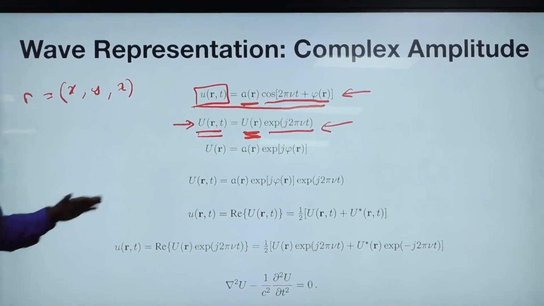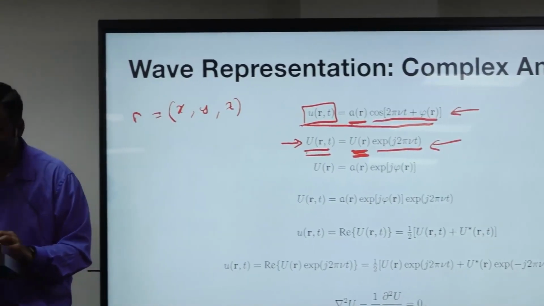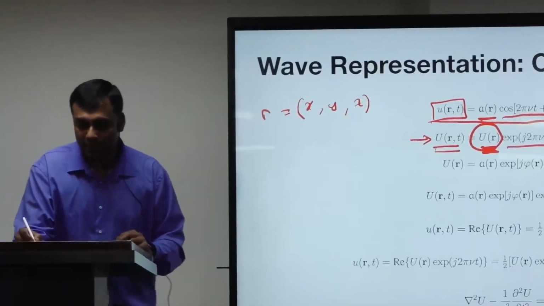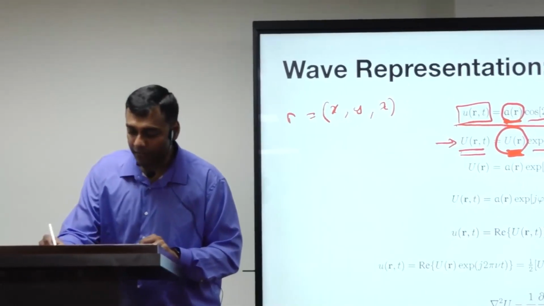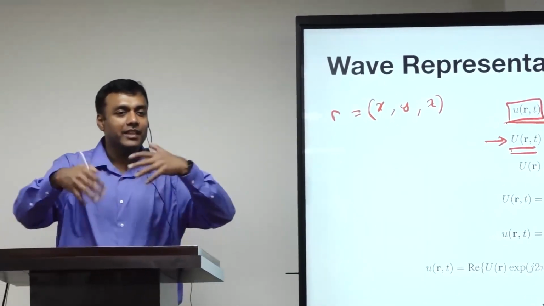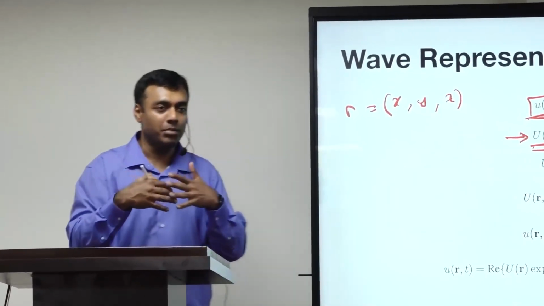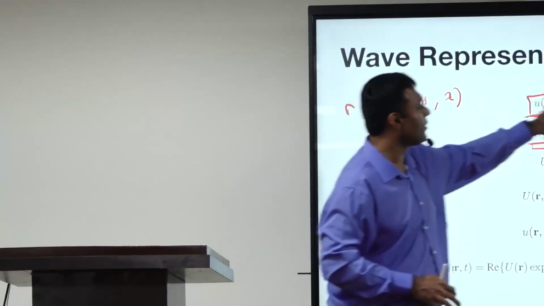So you can basically ignore the time component and only deal with U of r. Here the problem is there is an amplitude of r and a phase of r, and space and time are completely interconnected and coupled. So it's very hard to separate them in this equation.